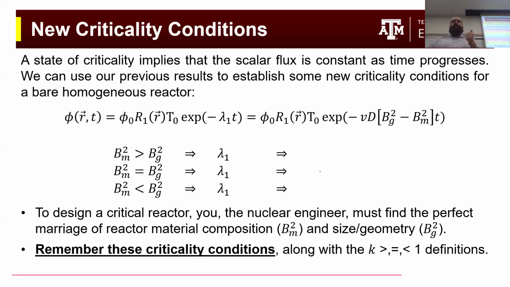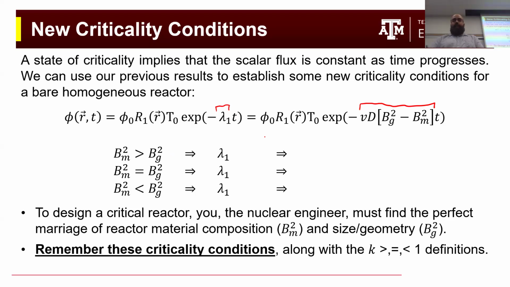So if we think about what's going to influence the time behavior of our system, it's based on our lambda one, and it's also based on this quantity right here. If the sign of these quantities is positive or negative or zero, that's going to affect what we have in the exponential, which is going to impact if our flux changes exponentially, like exponentially increasing or decreasing, or steady with time.